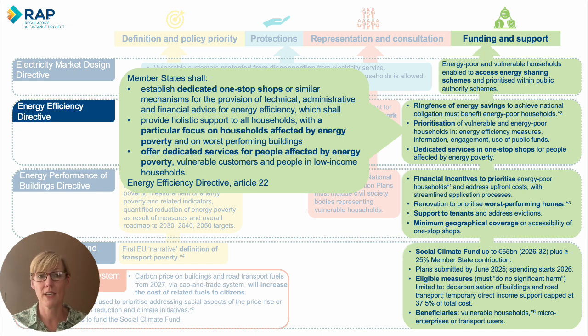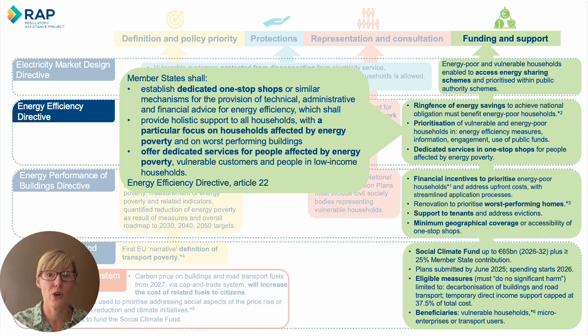But more than that, it then goes on with a particular focus on energy poor households and worst performing buildings. So you can see how the prioritisation in those other key measures, one of the three measures that I identified, is now being supported with access and information through the one-stop shops.